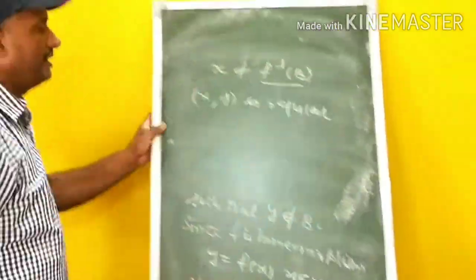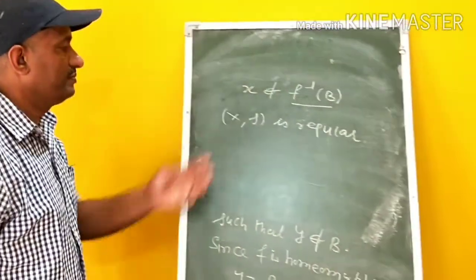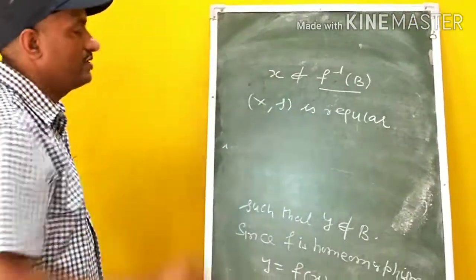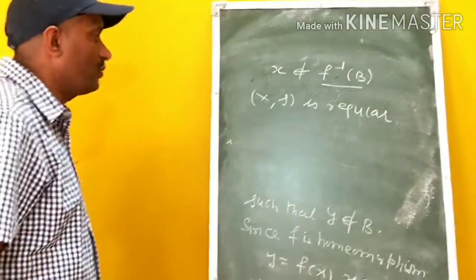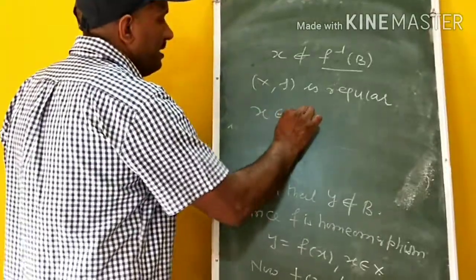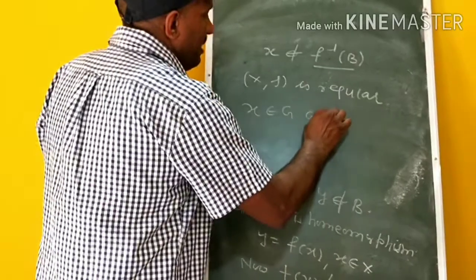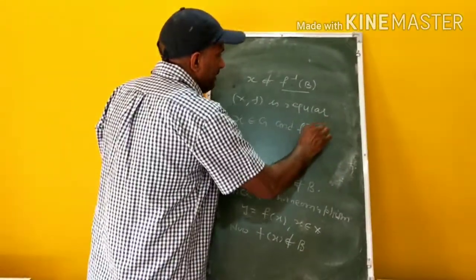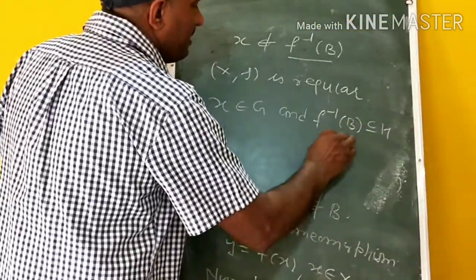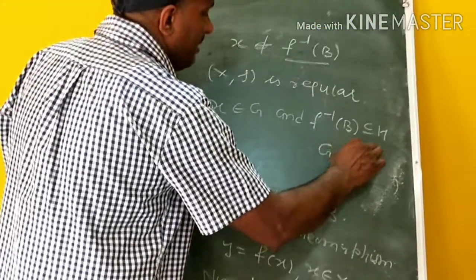So f inverse(B) is closed in this, and x does not belong to this, x is a point of this, so we can find two disjoint open sets such that x belongs to G and f inverse(B) is contained in H and G intersection H are disjoint.